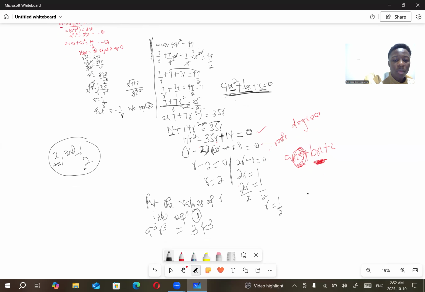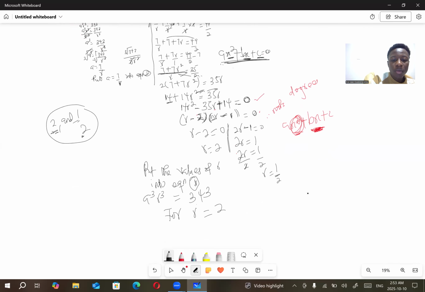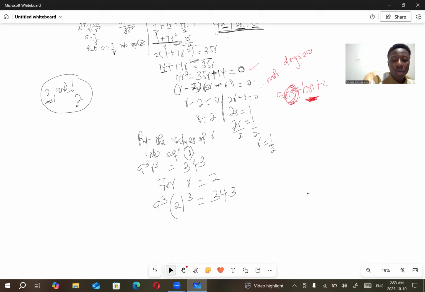Now, for R equals 2. So when R is equal to 2, that means that you have A cube times 2 cube is equal to 343. So you have 2 cube is 8.